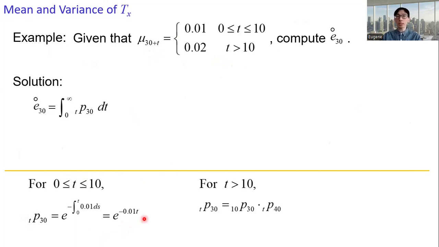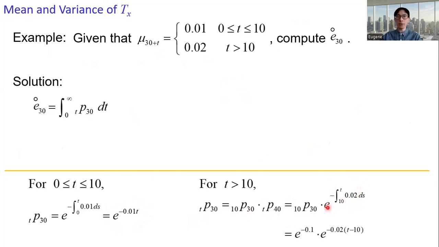Then we need to express tp_30 as a product of 10p_30 times (t-10)p_40. We can already get 10p_30 with this expression where t equals 10. And for the survival from age 40, the force of mortality is 0.02, so we get this expression.